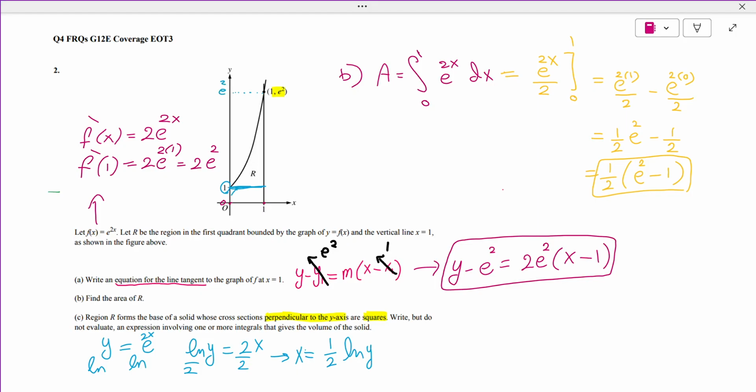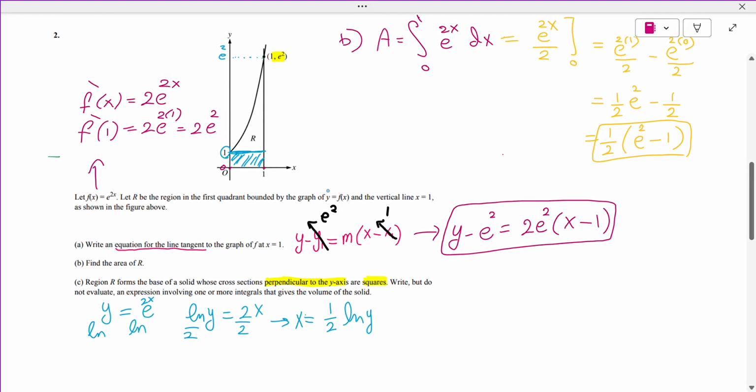Okay? So this part has nothing to do with the function. So it's constant, right? So the volume here is going to be 1, right? So the volume will be 1 plus the integral from 1 all the way to e squared, okay, of what?